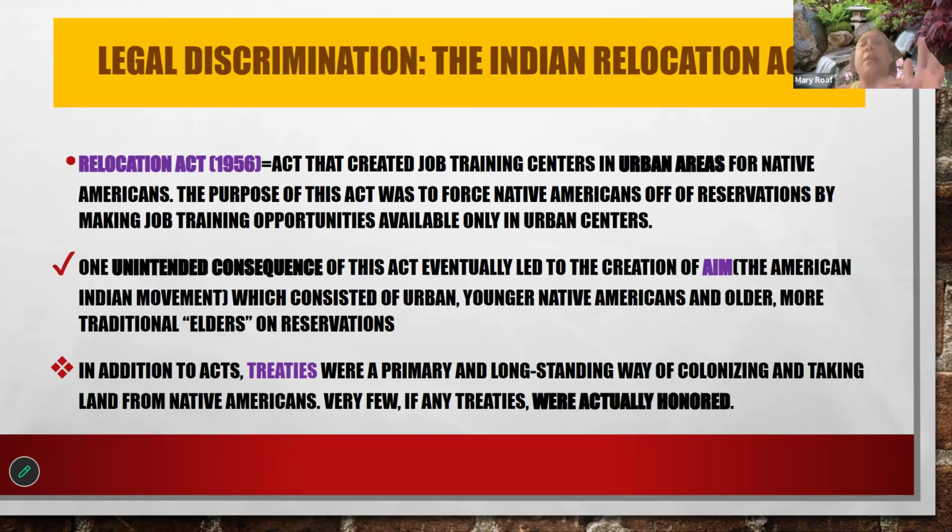Now, what happened with the Relocation Act of 1956 is that natives were forcibly removed from their last remaining lands and pushed into very marginalized urban communities. The unintended consequence of this act was that it put natives who had been on reservations in the middle of urban centers all over the US, like Los Angeles, Chicago, Minneapolis, Detroit, you name it.